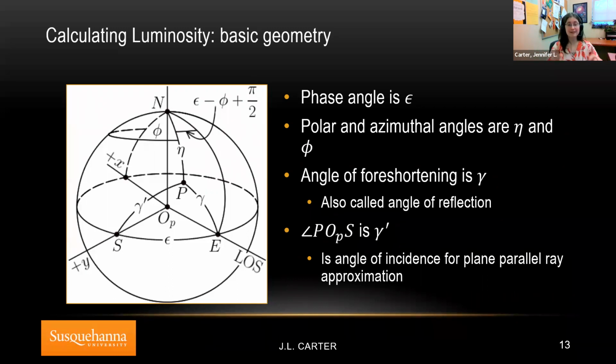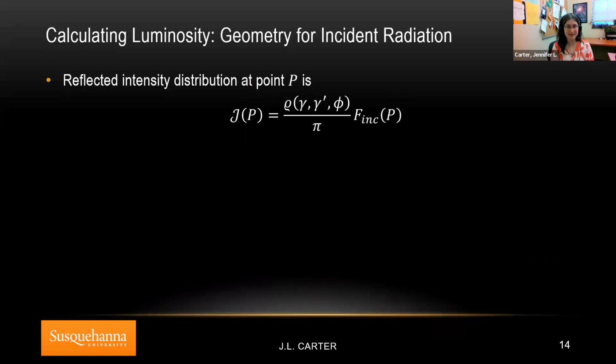I'm going to show you later on with some other graphs that that's not the case when you have to consider the finite angular size of the host star, and the fact that sometimes these planets are within 2 or 3 stellar radii of their host star. So even then, the size of the host star is very important when we consider the projection of the light coming from the host star toward our point P, because that gets us an important thing, the incident radiation.